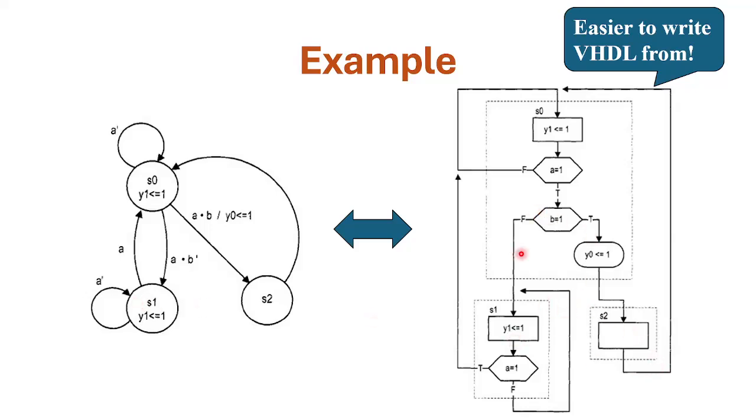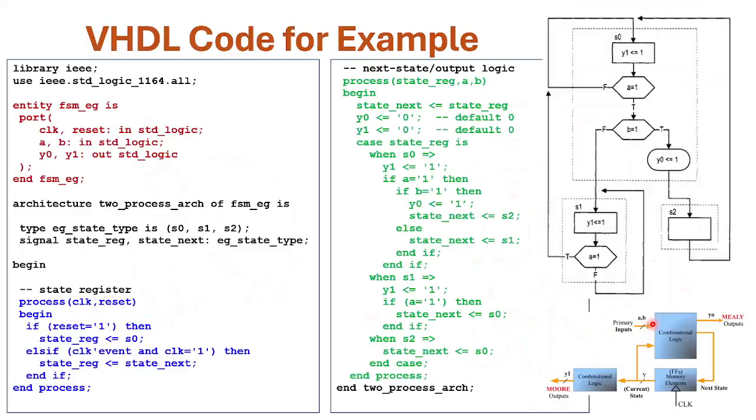So once you have this, then writing the VHDL code of that is very easy. As a reminder, this is the hardware implementation of this sequential circuit, and if you remember when we talked about the two-process coding style, that's exactly what we are doing here.